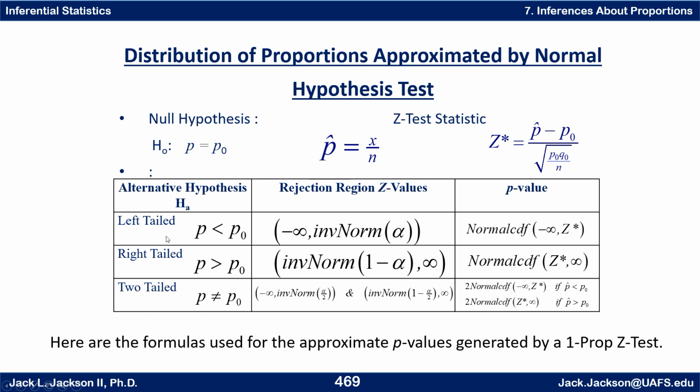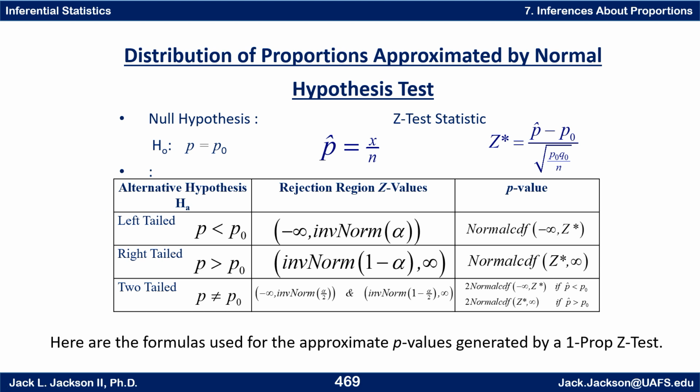So if it's left-tailed, the alternative hypothesis is that the true proportion is less than the hypothesized p naught. The rejection region then goes up to an inverse norm of alpha, just like it would for a z-test. And then the p-value is done just like for a z-test. It's a normal CDF from minus infinity to z star.